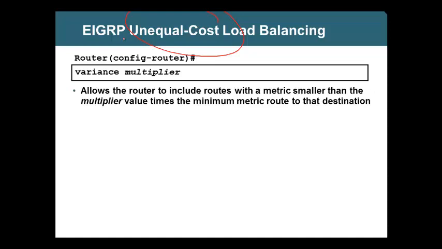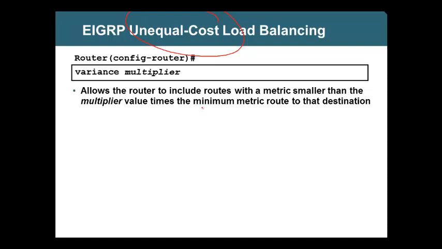It can even support unequal cost load balancing, but it's not by default. You need to configure variance. When you configure variance, then unequal cost load balancing is possible. Configuring variance allows the router to include the routes with a metric smaller than the multiplier value times the minimum metric route to the destination.